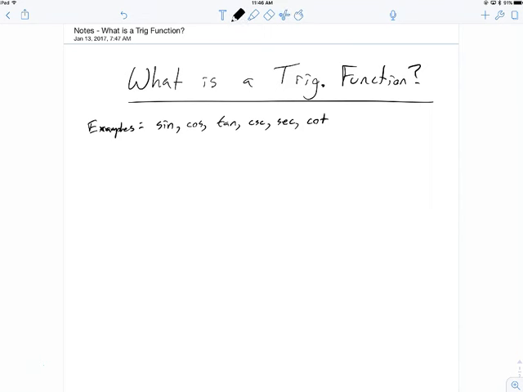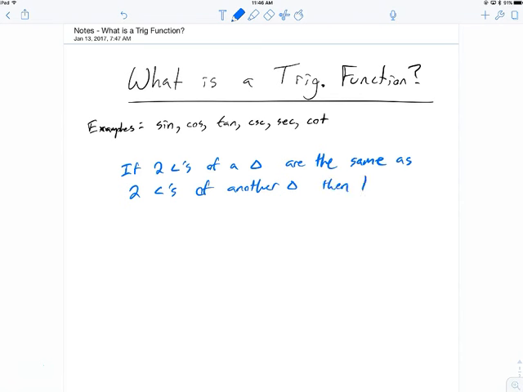Well, in the shortest sense, what these are is just storing every single ratio of every side of every right triangle ever. Okay? So what we know, in short, is that if two angles of a triangle are the same as two angles of another triangle, then they're similar, they're proportional.